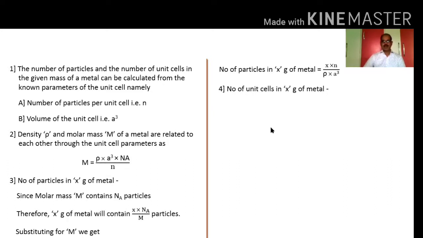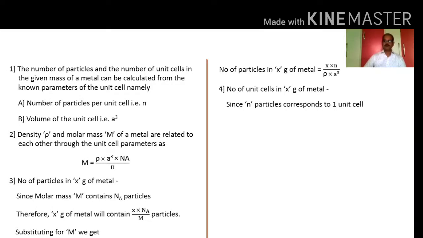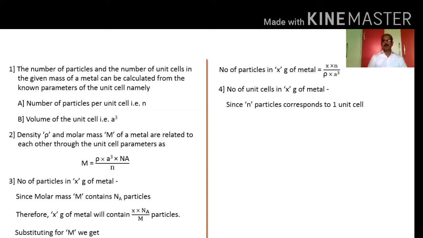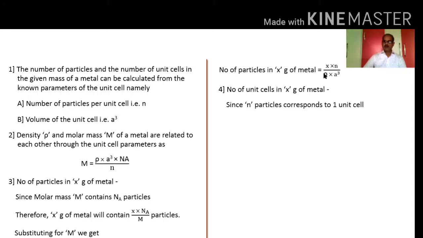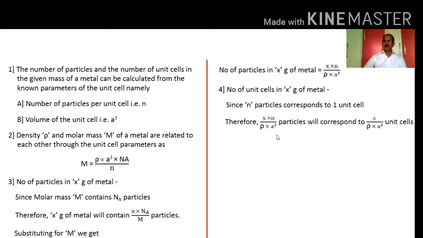Now let us see how to find out the number of unit cells present in x grams of a metal. We know that in one unit cell there are n particles. But in the previous step, we have calculated the number of particles as x into n upon rho into a cube. Then these many particles correspond to how many unit cells?